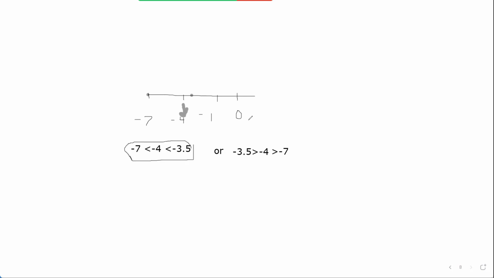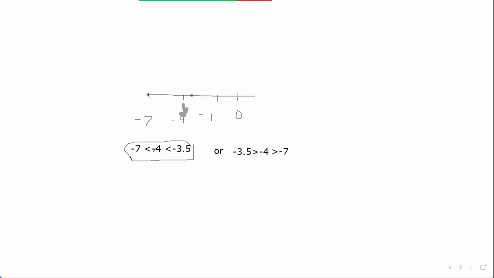But this is not a wrong inequality here. It's just not something that she's been writing. We normally write between statements with the arrows going to the left, not the right.